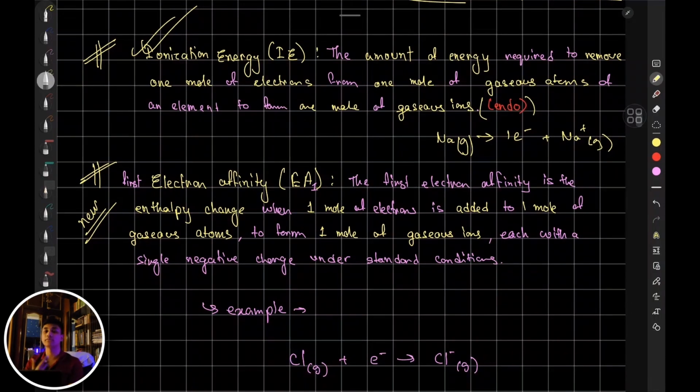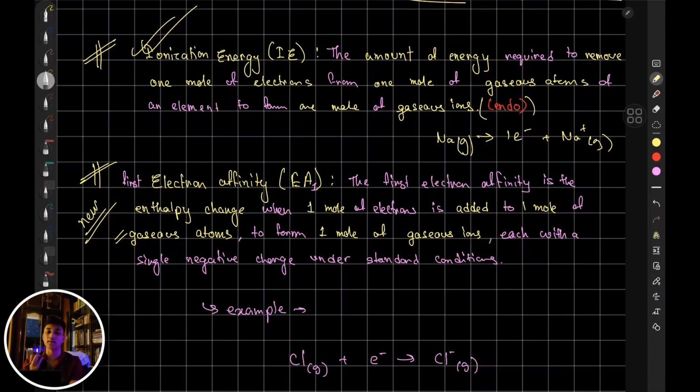Now for electron affinity, you are giving an electron. So the first electron affinity is defined by the enthalpy change when 1 mole of electron is added to 1 mole of gaseous atoms. Again, gaseous atoms. You cannot carry out the process of electron affinity, or giving an electron, without turning the non-metal into a gaseous atom.